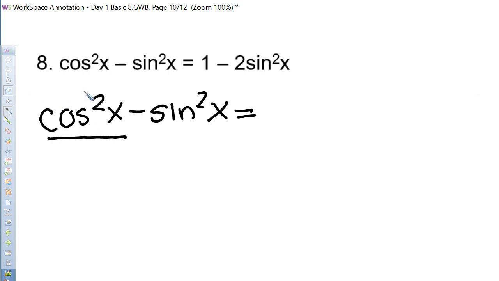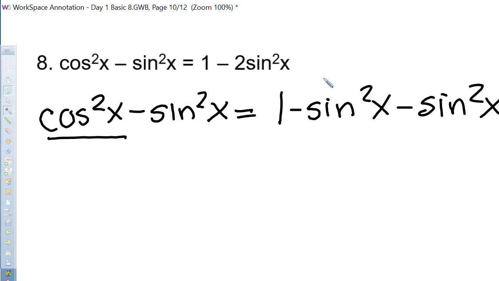So over here, instead of cosine squared, I can replace that with what? 1 minus sine squared of x, minus sine squared of x. So instead of cosine squared, I changed it to 1 minus sine squared. What should I do next?